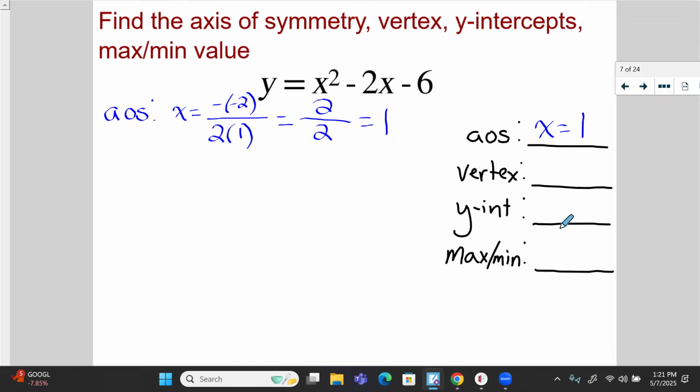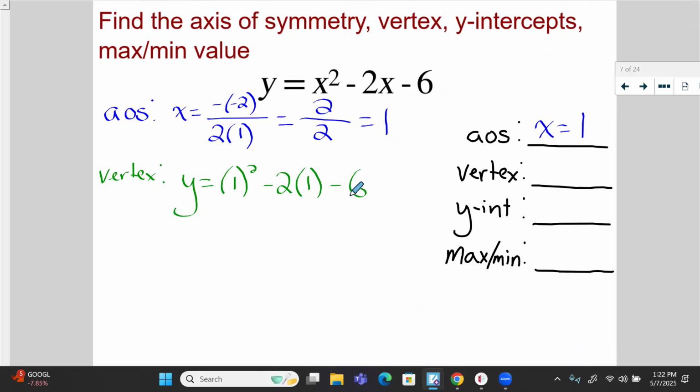Next, we are going to find the vertex. So to find the vertex, we have the x value of the vertex. We need the y value. To do that, I am going to plug 1 back into x. Y equals 1 squared minus 2 times 1 minus 6.